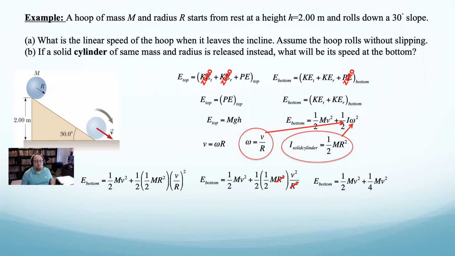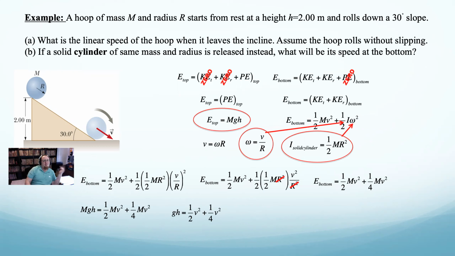And just like before, I'll say E top equals E bottom. E top is mgh. E bottom is 1/2 mv squared plus 1/4 mv squared. Just like before, I'll divide both sides by m. Now a half plus a quarter: 1/2 is 2/4, so a half plus a quarter is 3/4.